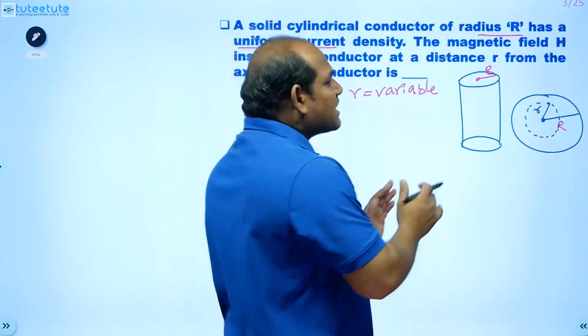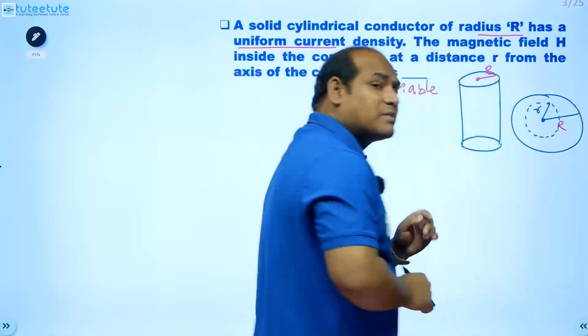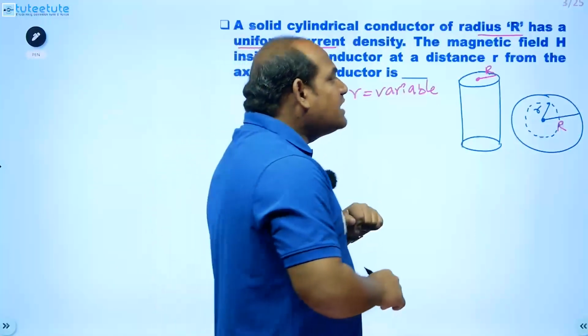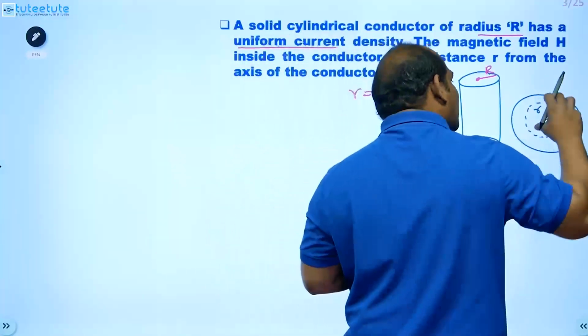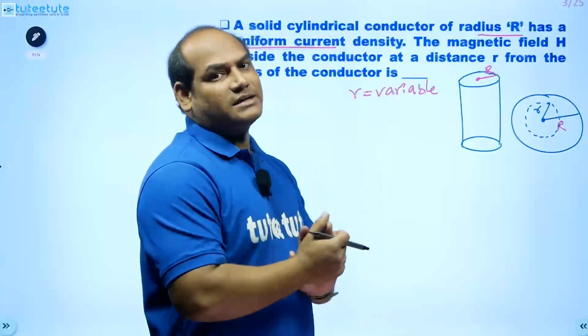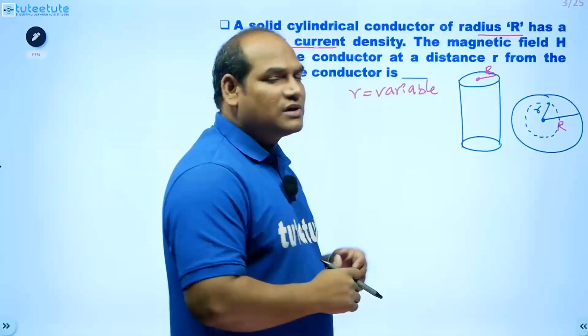But when you consider the complete radius capital R, that is related to some uniform current, we can consider that as capital I. But the current related to this small r is surely different. So understand this point. This point is very, very important to solve this particular problem.